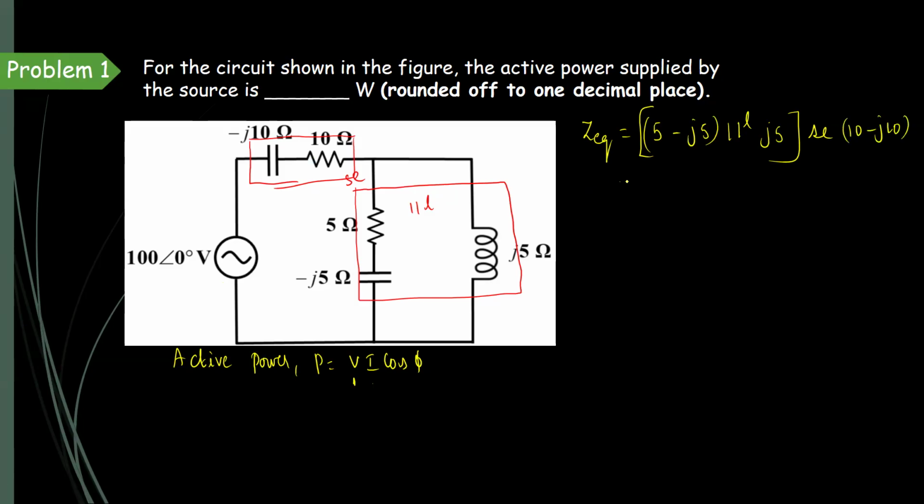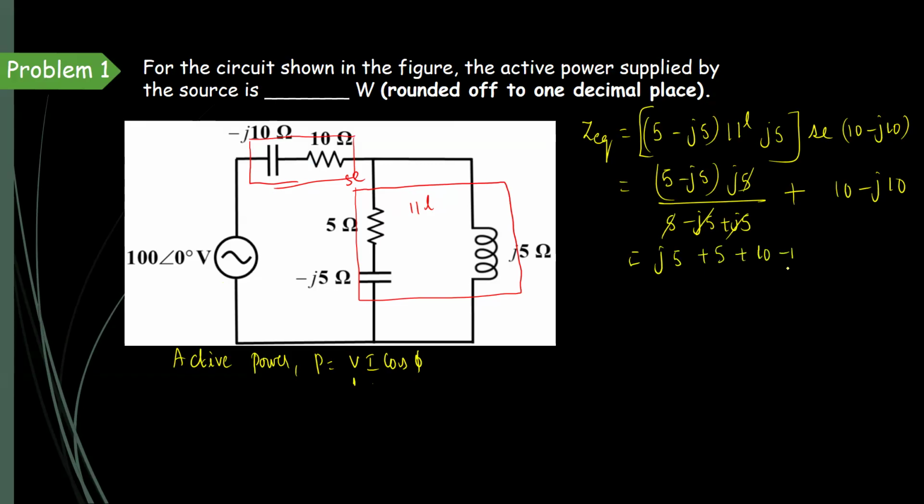Okay. By using that, (5 minus J5) into J5 by (5 minus J5 plus J5), and it is in series with 10 minus J10. Here this will get cancelled and the 5 in the numerator gets cancelled, and then J5 plus 5 plus 10 minus J10, which is simplified as 15 minus J5.